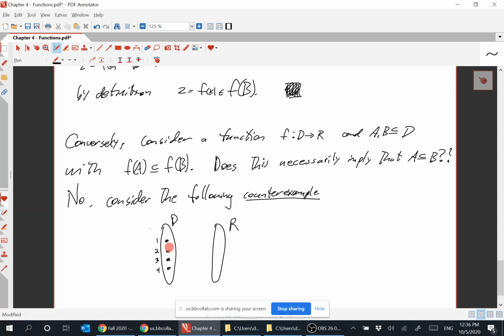You don't even have to try very hard. Let's say A is this set, A equals {1, 2}, and B is equal to this set, {3, 4}. Let's make them overlap a little bit: {1, 2, 3} and {3, 4}.